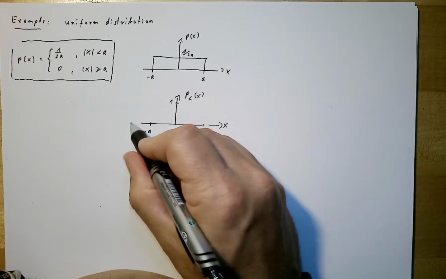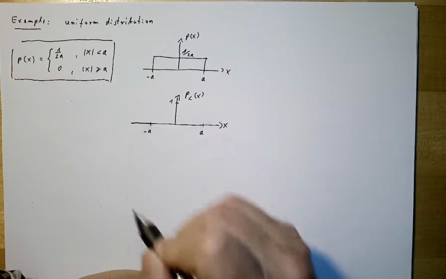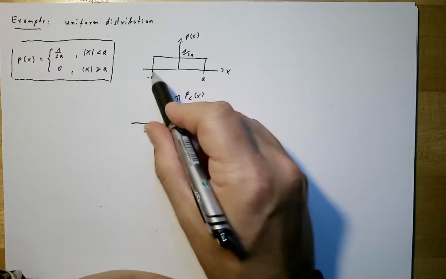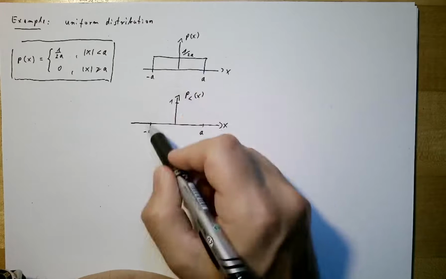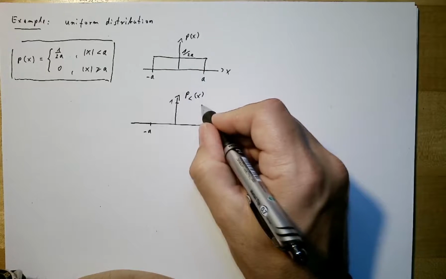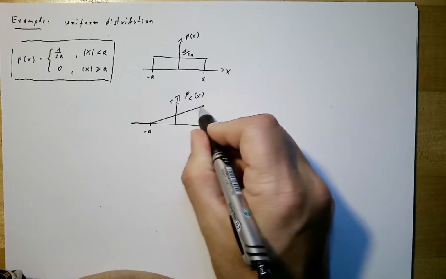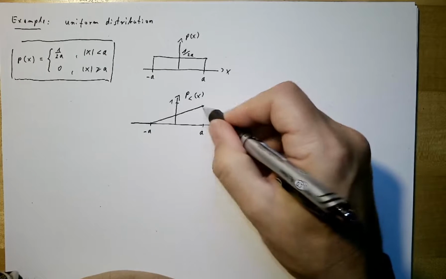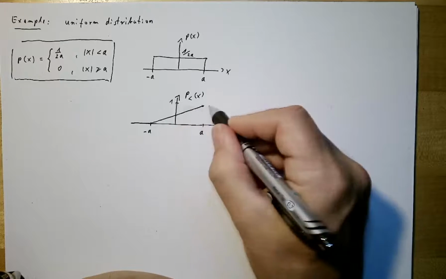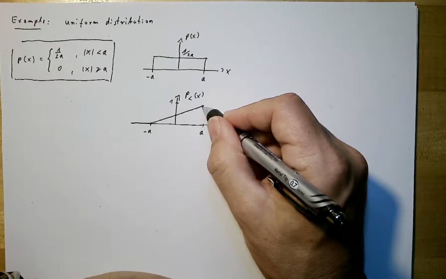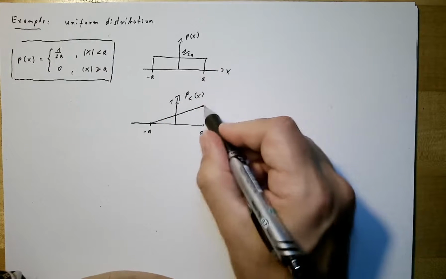Then for values smaller than -a, this is 0. Then we integrate the constant, which gives us a linear function. So this increases linearly until at the value a the probability to have a random number smaller than a is exactly 1, because that's the whole rectangle.